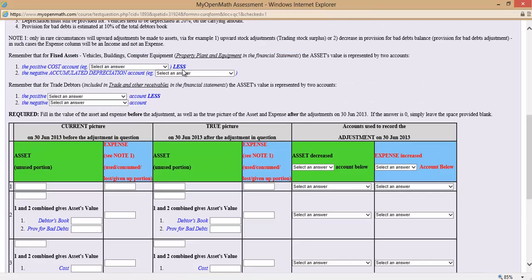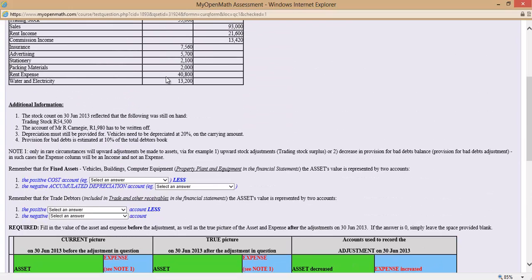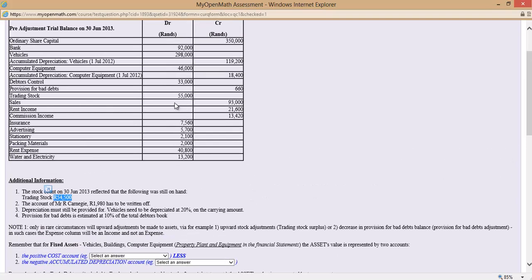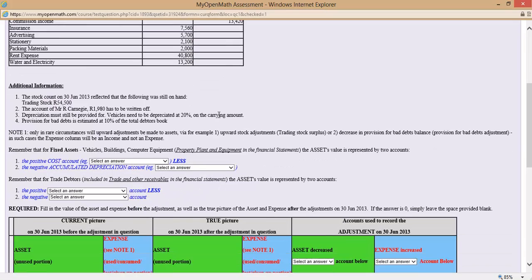Right, so let's first start with additional information number 1. The stock count on 30 June reflected that the following was still on hand: 54,500. Now my trading stock in the pre-adjustment trial balance is 55,000.